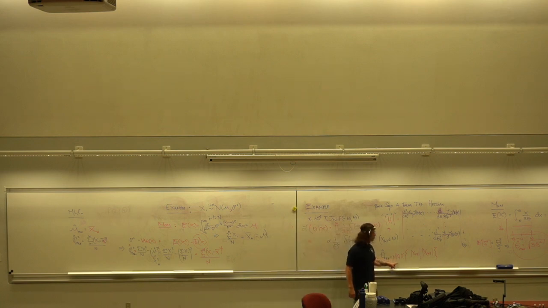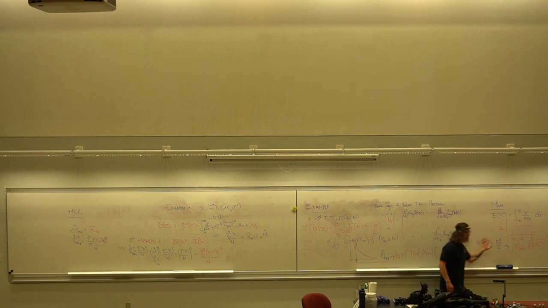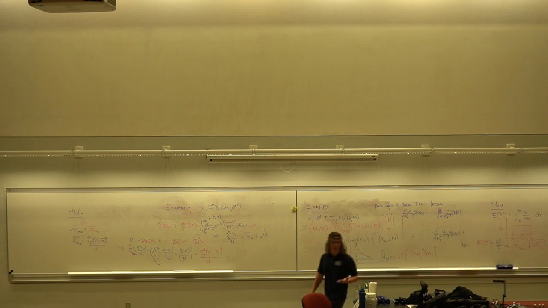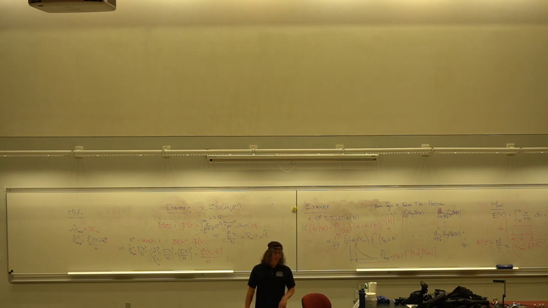Let me just ask the question, assuming that we did the calculus right, is this answer consistent? Turns out yes. Under basic regularity conditions, MLEs are consistent. That's something attributed to von Mises. Basically it says if you don't have too wiggly of a function, then MLEs are going to be consistent.